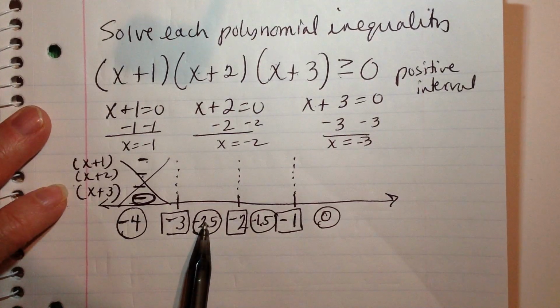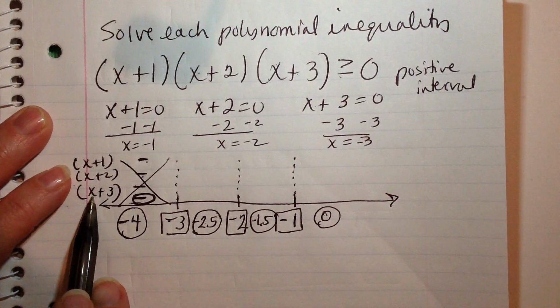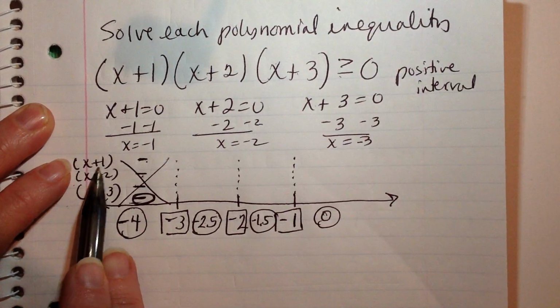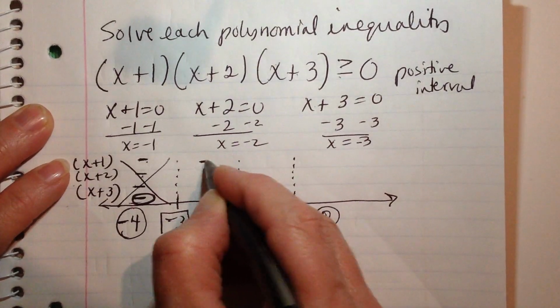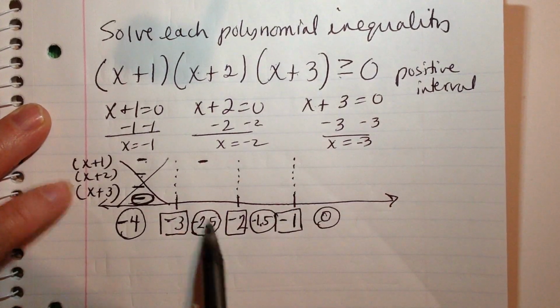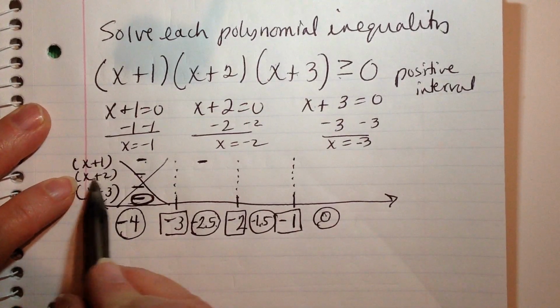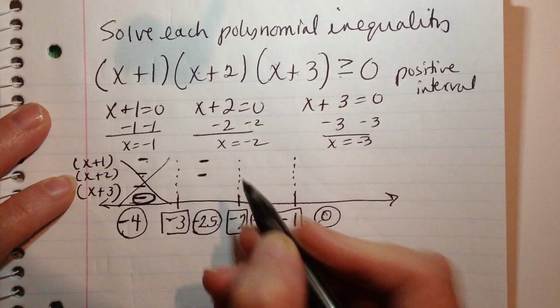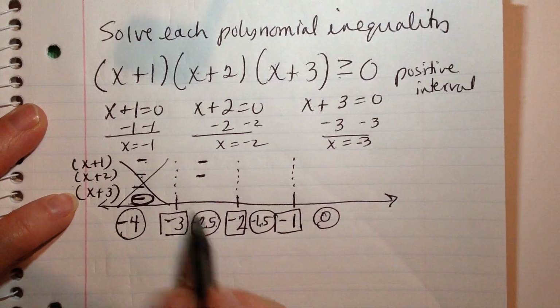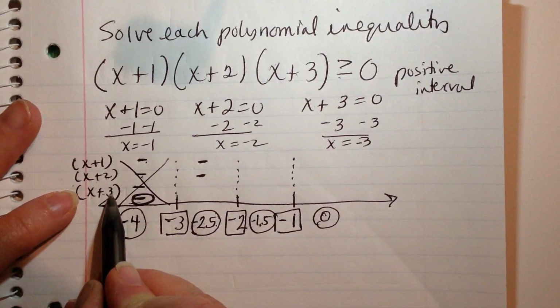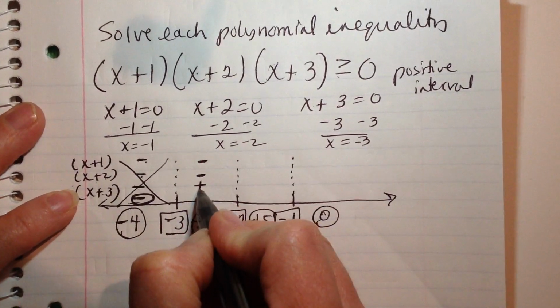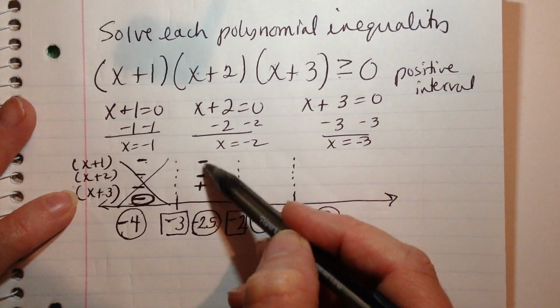Now let's plug in -2.5 into all 3 of these. -2.5 plus 1 would be -1.5. Plugging in -2.5 plus 2, well, that would be -0.5, so that's negative again. Plugging in -2.5 plus 3, well, that would be positive 0.5. So now let's multiply all these together.